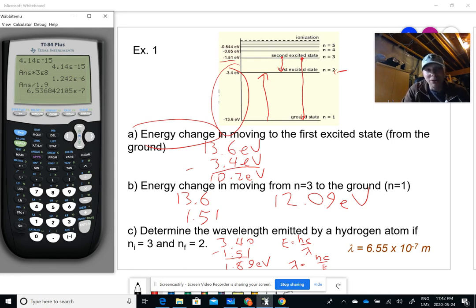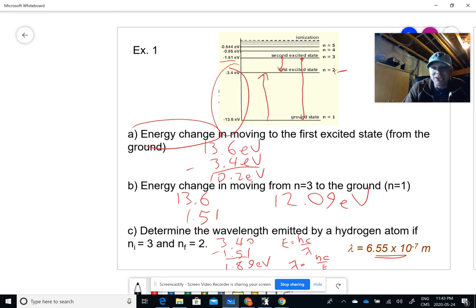I don't want to go through that calculation here because this video has already been long enough, but I bet what they did is they found this 1.89, converted it to joules, then plugged it into this formula using Planck's constant in terms of joules, 6.63 times 10 to the negative 34, and then found the wavelength that way. I bet that's why it was slightly different.